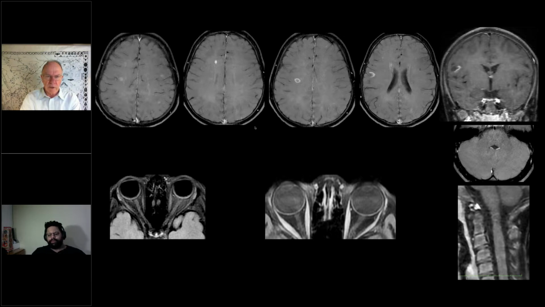The other question: once I start treatment, which you just started, could people guide how often to do MRIs, and how do you decide if the patient has responded or not? Is there an MRI criteria for MS? There is a criteria, Dr. Vivek. It was published this year or early last year.